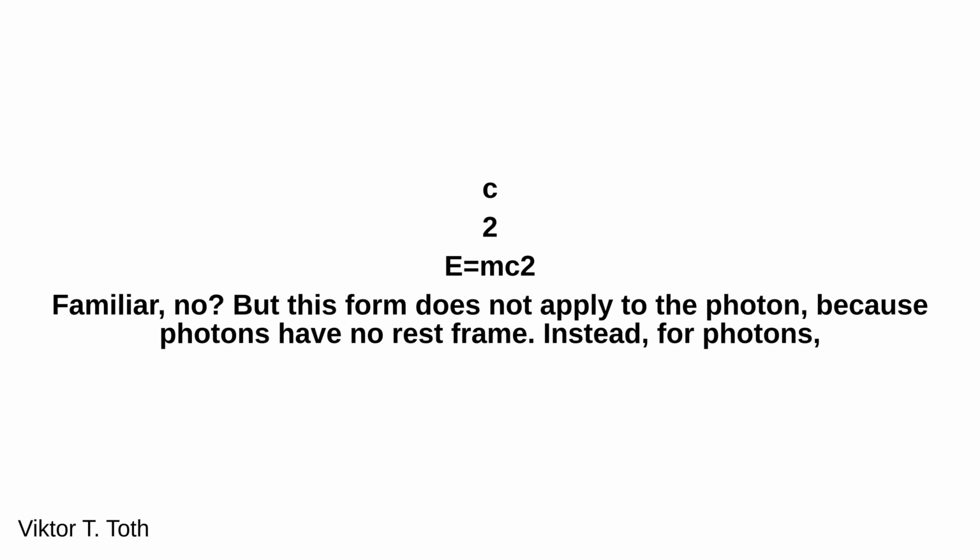Familiar, no? But this form does not apply to the photon, because photons have no rest frame. Instead, for photons, m equals 0, hence we are left with E squared equals (pc) squared, or, p equals E/c.